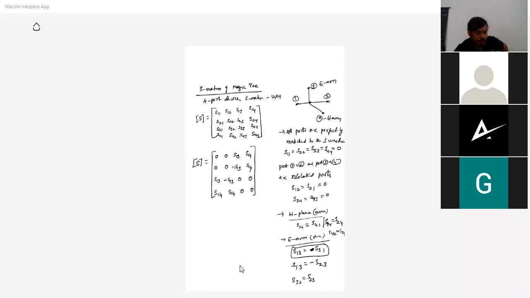Then another unitary property, R4C4, gives S14. Only S13 and S14 remain, so you can apply R3C3 and R4C4.